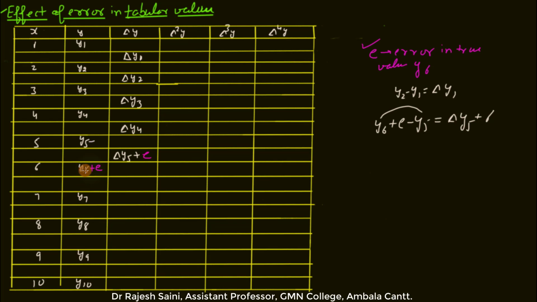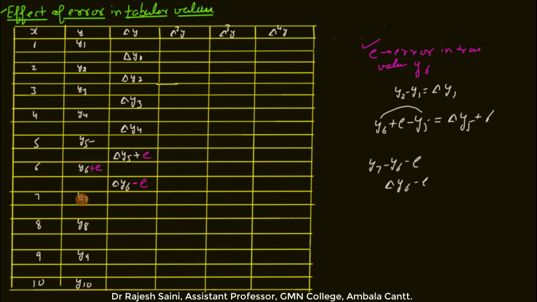Similarly, y7 minus y6 minus e will be delta y6 minus e.